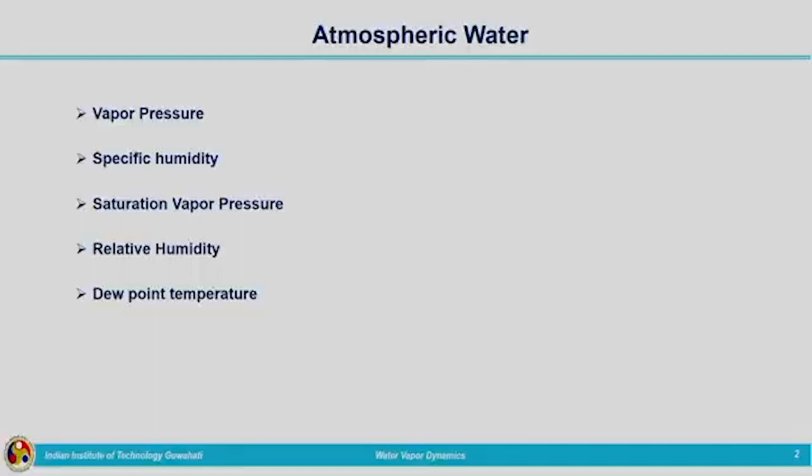Now let us move on to water vapor dynamics, different terminologies which are coming under water vapor dynamics. Those are vapor pressure, specific humidity, saturation vapor pressure, relative humidity, dew point temperature. So we will just refresh all these terminologies one by one.